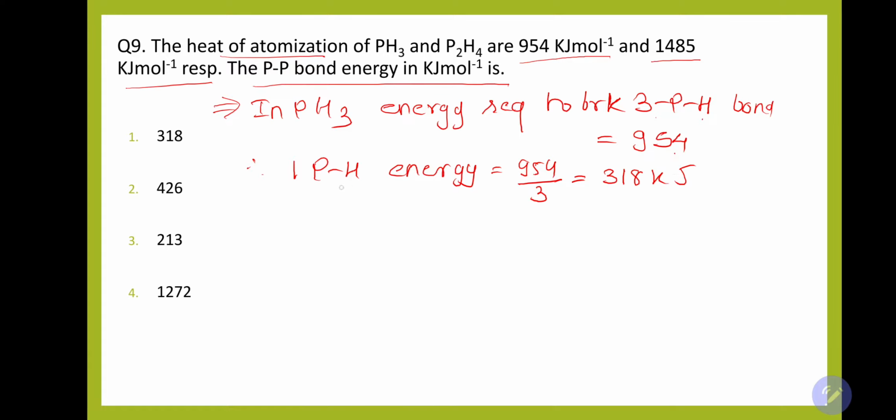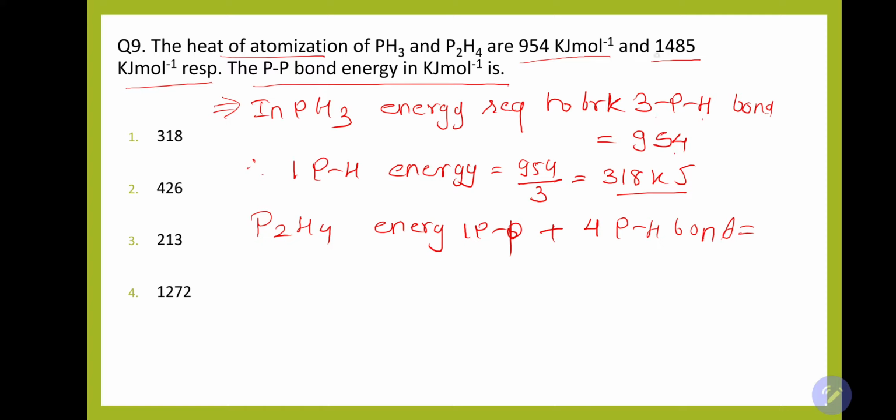Now for the PH bond we got the energy. Now let's take the next compound P2H4. Now let us see, in P2H4 the energy required to dissociate 1 PP bond plus 4 PH bonds is given as 1485.